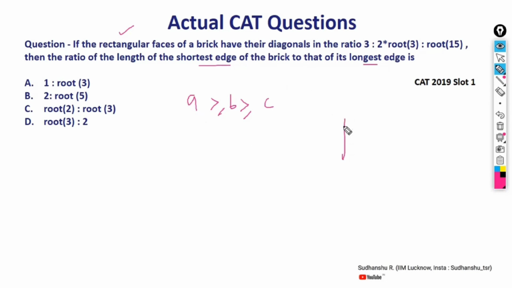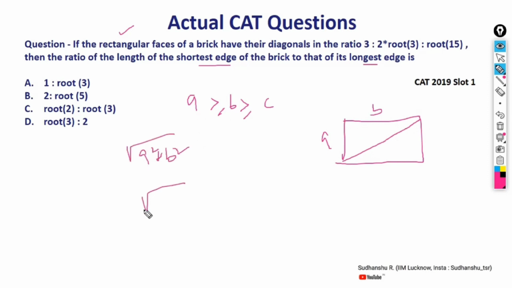So if you see, let's say this is A and B, the diagonal will be root A square plus B square. So if you take two of them, the diagonals will be root A square plus B square, root B square plus C square, and finally root A square plus C square. Now in this condition, quite clearly, we'll have A square plus B square, that's the biggest, A square plus C square, that'll be second, and B square plus C square smallest, so third.